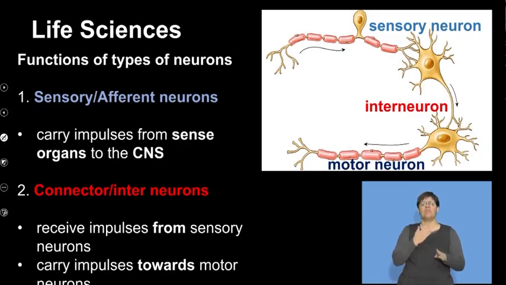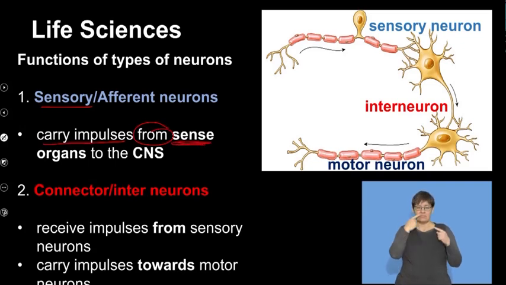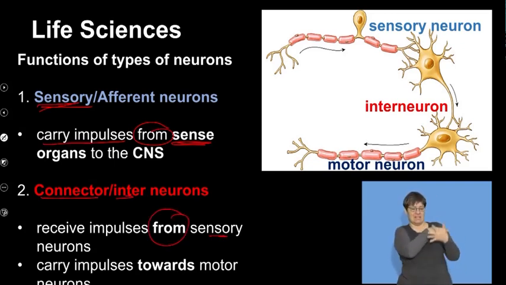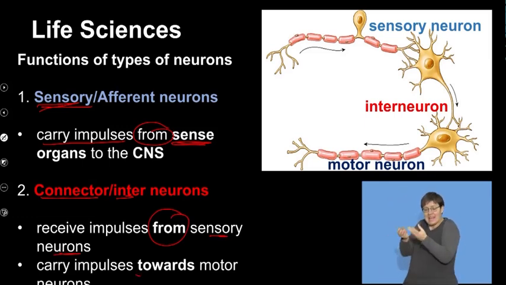Then the functions. Here, I use different colors so that you remember the functions. The sensory neuron carries the impulse from the sense organ. The connector neuron or interneuron receives the impulse from the sensory neuron, and it carries that impulse towards the motor neuron.